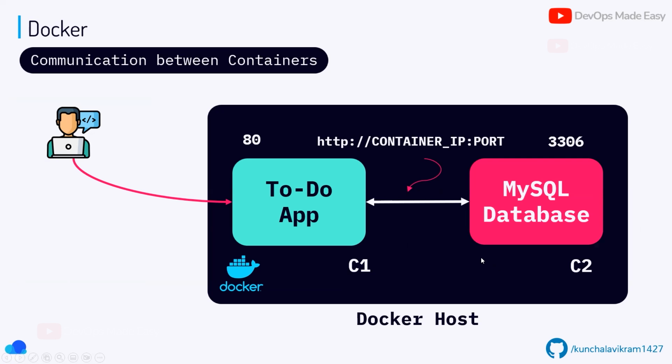This is a challenging thing for me, because in case the MySQL container goes down and comes up, its IP address might change. Then this to-do app has to be redeployed, giving it the information about C2's new IP address.